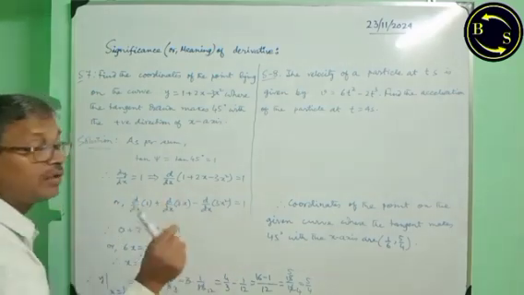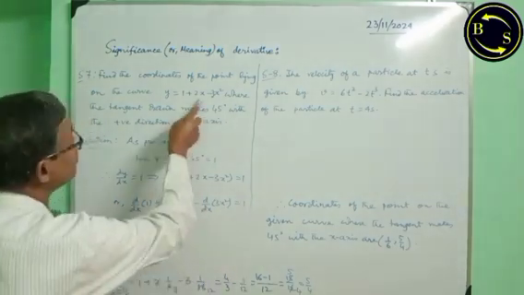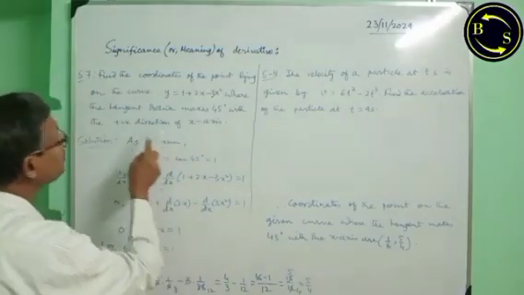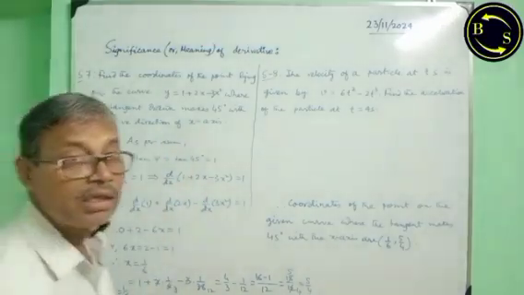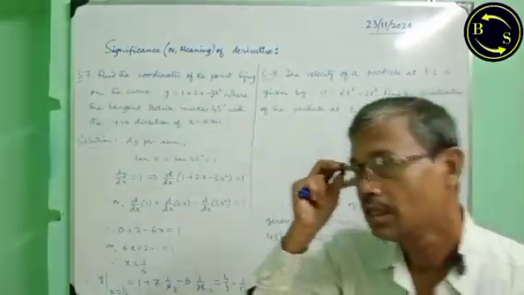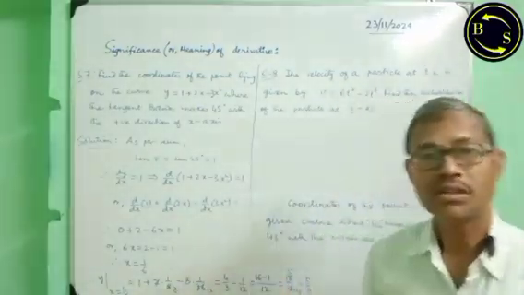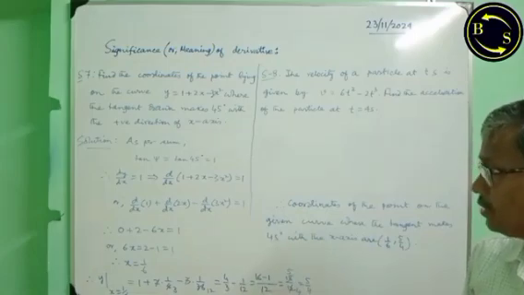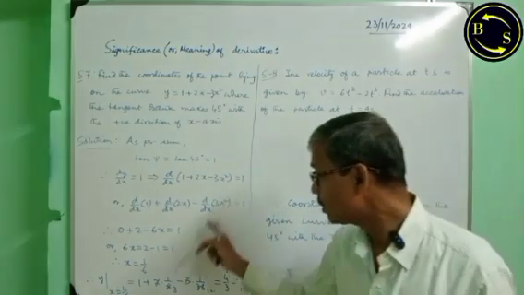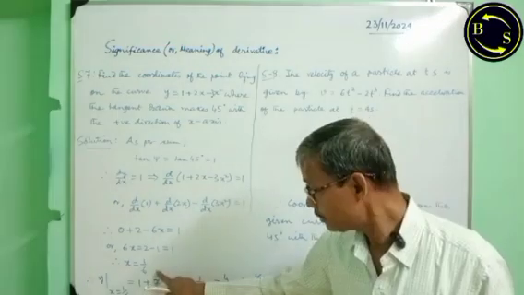I repeat, the given curve is this one. We have found dy/dx. Since the tangent makes angle 45 degree with the x-axis, that means tan psi is equal to tan 45 degree, which is equal to 1. That means dy/dx equal to 1. I have used that and got the value of x.